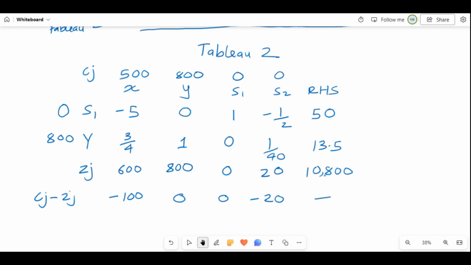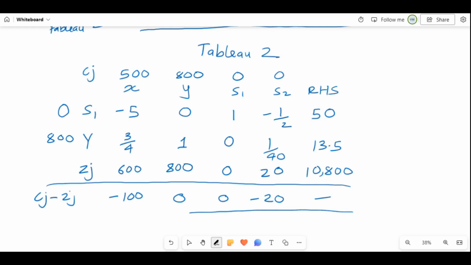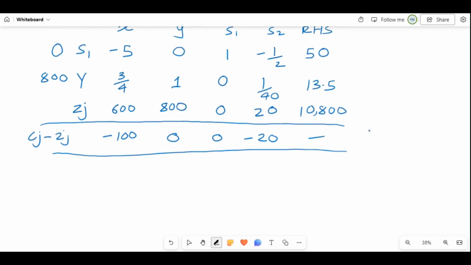And this is our CJ minus ZJ row. Then we check whether it has met our condition. Remember, the condition for the solution to be optimal is that CJ minus ZJ must be less than or equal to 0. And you can clearly see that all the values of our CJ minus ZJ are less than or equal to 0.